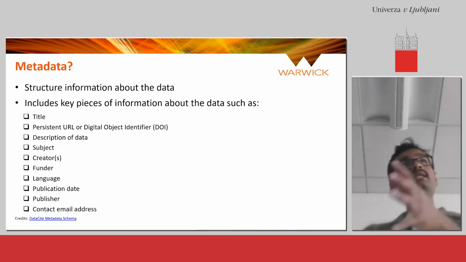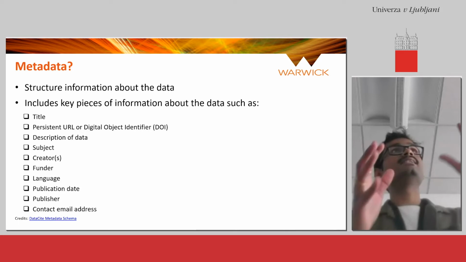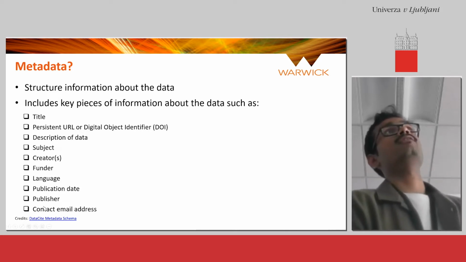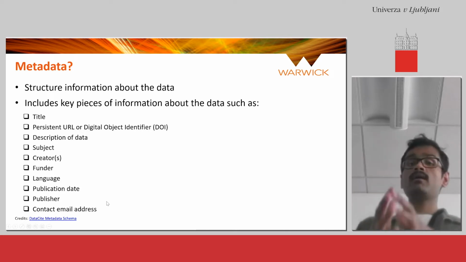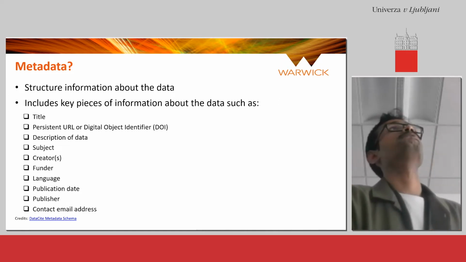Every discipline has their own metadata standard. So again, this is very generic, I took it from the DataCite metadata schema. But again, every discipline has its own, and you can always find more on that.